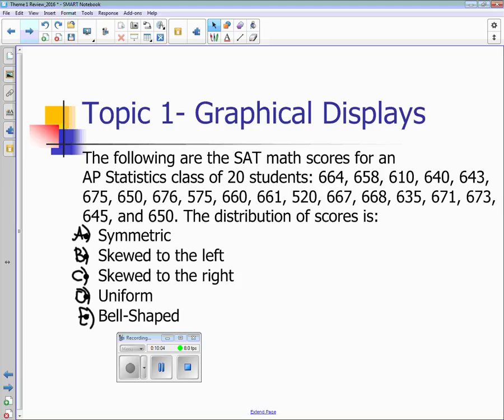Here's some tips. One is if you can eliminate 2 answer choices, you're going to answer that question in the next 2 minutes, okay? So always try to eliminate answer choices. If you can't eliminate 2 answer choices and you don't know the answer, you're going to leave it blank until the last 5 minutes of the test. When you have 5 minutes to go, you're going to go back and you're going to bubble answers on your sheet.